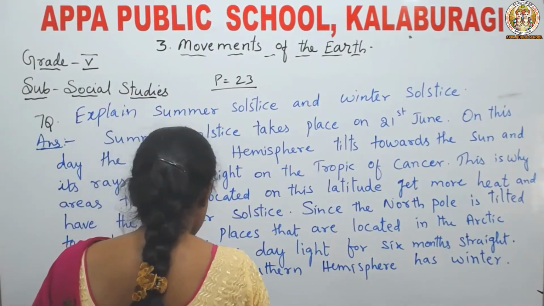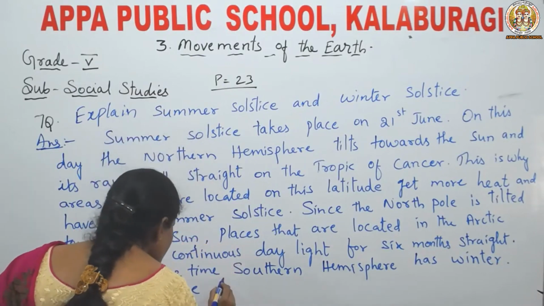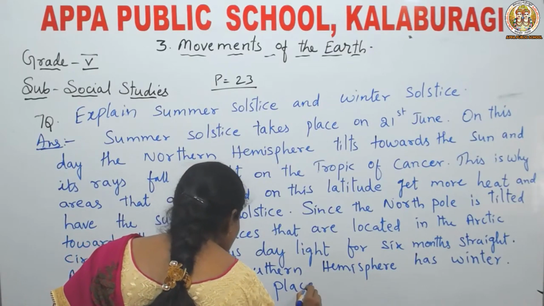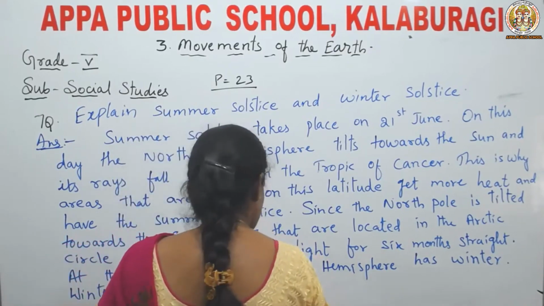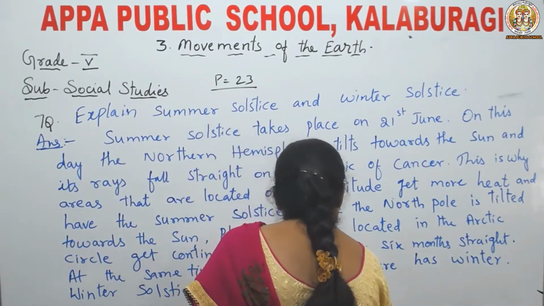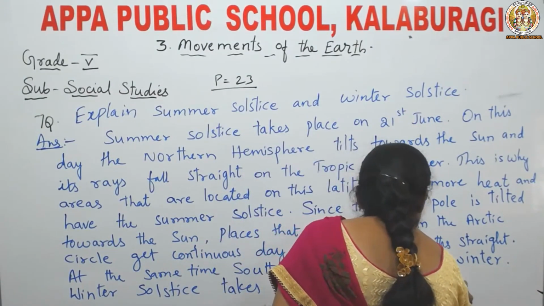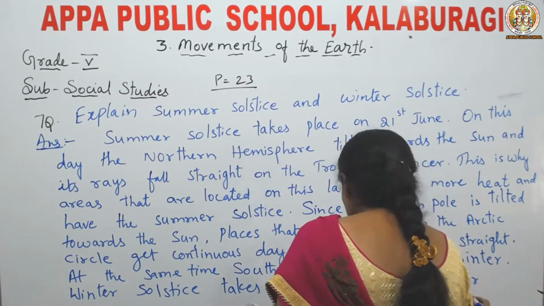Winter solstice takes place on 22nd December.